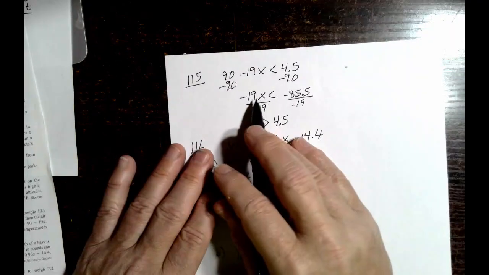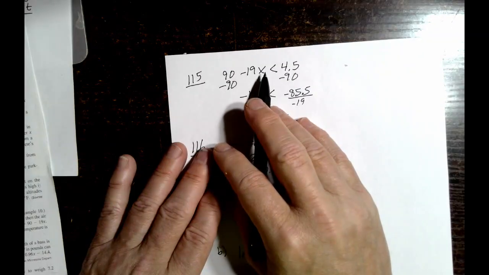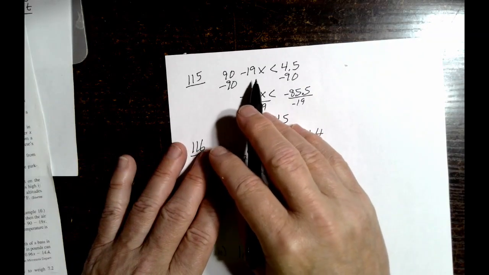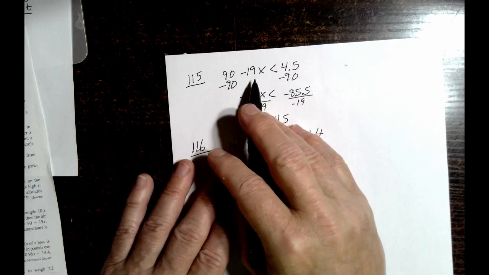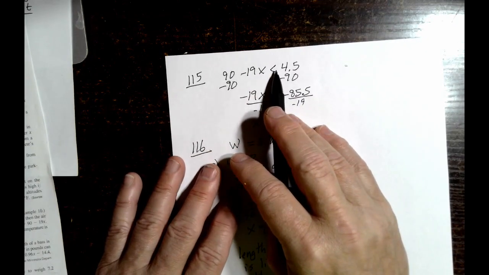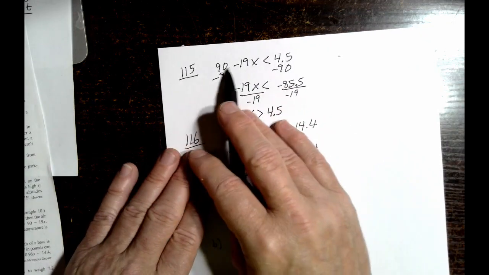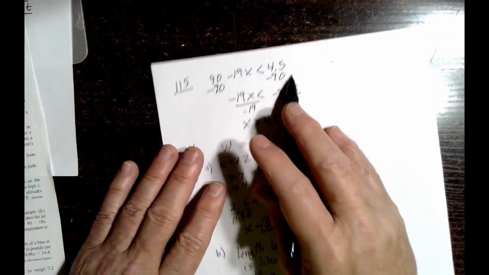115 says the temperature is given by T equals 90 minus 19x, where x is the number of miles above the Earth. And they want you to know for what altitude is the temperature less than 4.5. So you force the temperature to be less than 4.5.